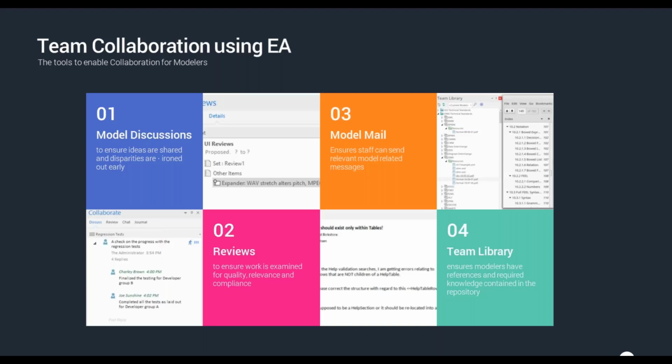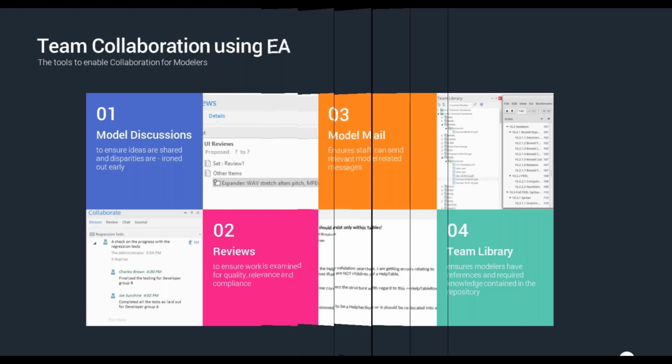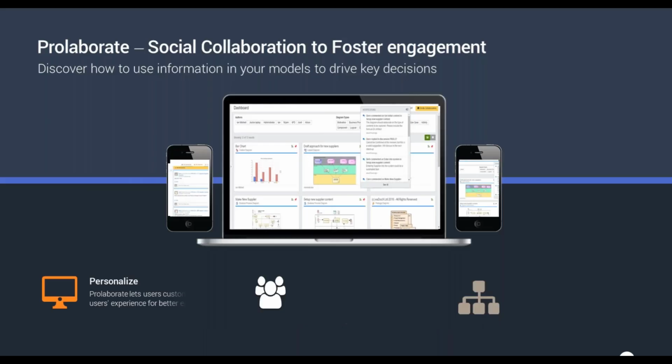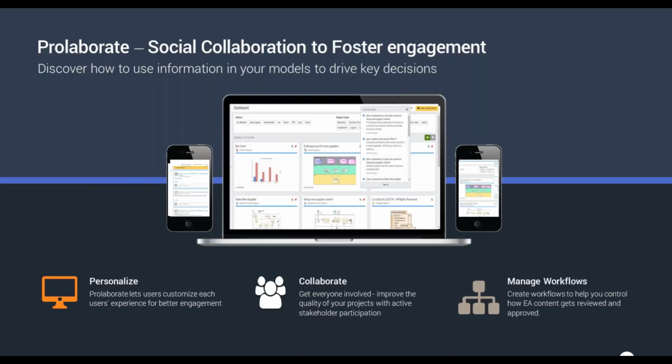But above and beyond that, there are also tools that will let even the non-technical and the non-EA people work together and collaborate. This is again Prolaborate or WebEA, the web-based tools that work on top of the Pro Cloud Server API.